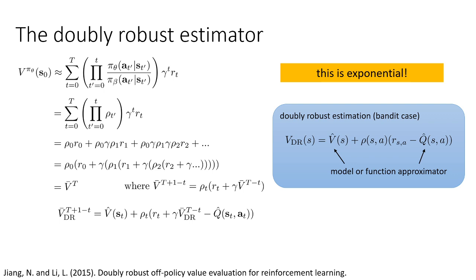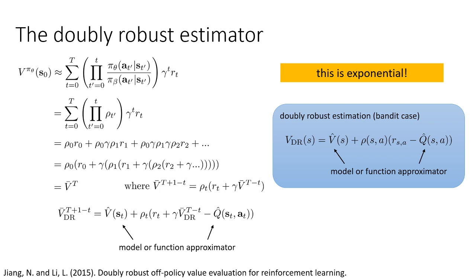And then just like the recursion v bar capital T plus 1 minus little t can be used to obtain the importance sampled estimate, the doubly robust recursion can be used to obtain a doubly robust version of the importance sampled estimate. Okay. So that's the idea behind the doubly robust off-policy value evaluation.